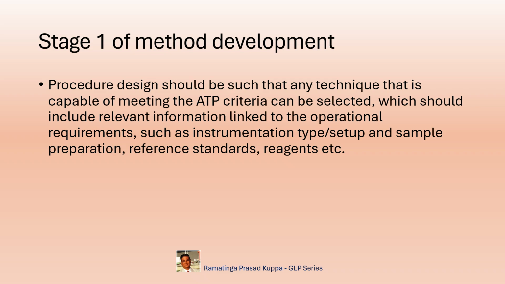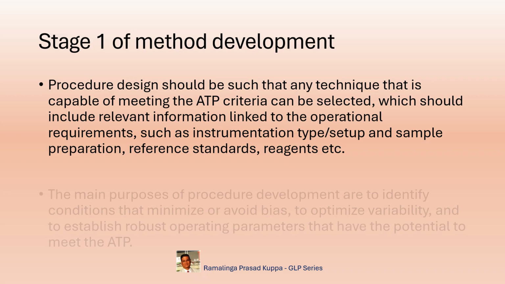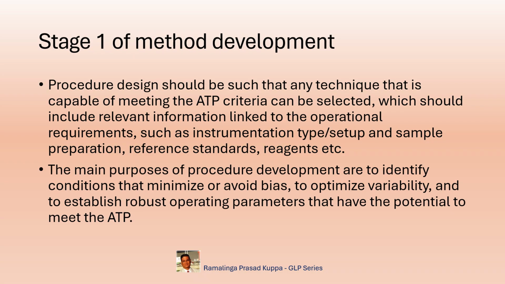For such compounds, HPLC methods are suitable. The solubility of the compound, its other characteristics may also be considered while designing the method. The main purposes of the procedure development are to identify conditions that minimize or avoid bias, to optimize variability, and to establish robust operating parameters that have the potential to meet the ATP.